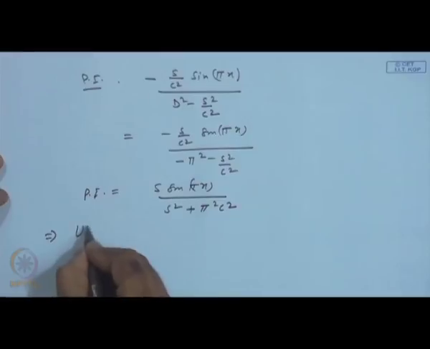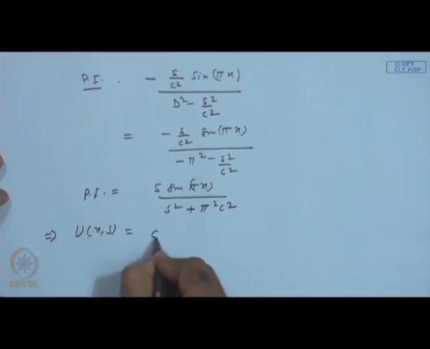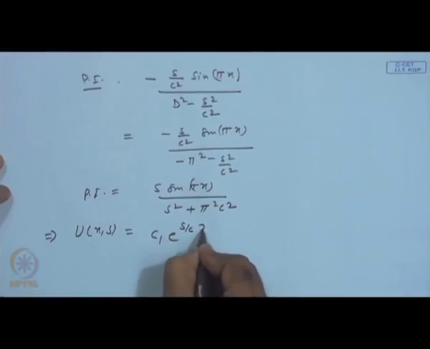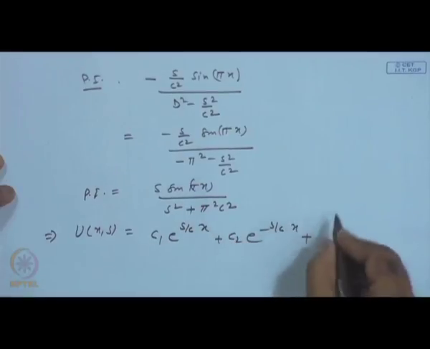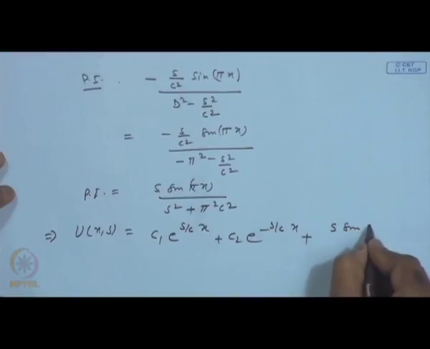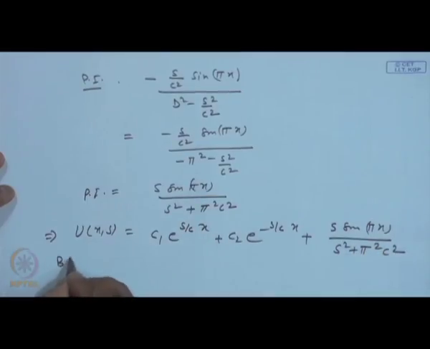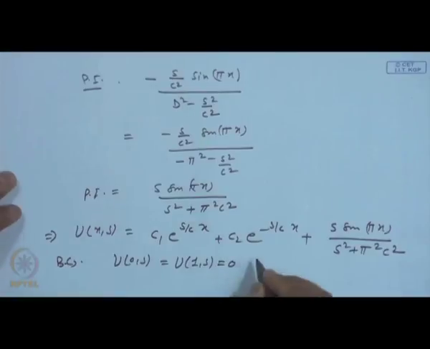So, our solution is U(x,s) equals c1 e to the s over c x plus c2 e to the minus s over c x and plus this s sin pi x over s square plus pi square c square, and the boundary conditions are U(0,s) and also at 1 both are 0, and using these two boundary conditions, we will get that C1 and C2 both are 0.